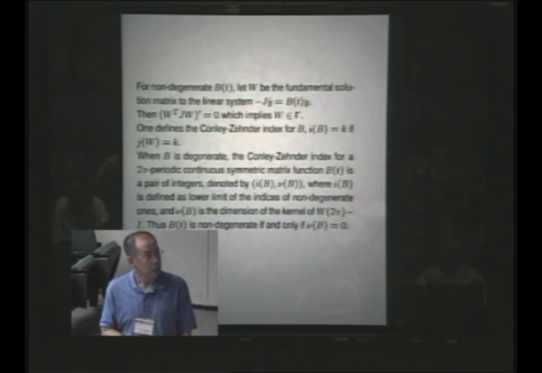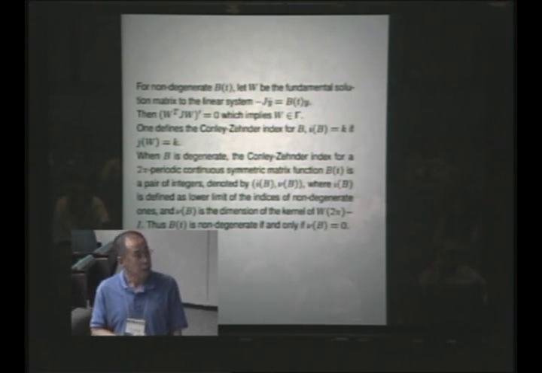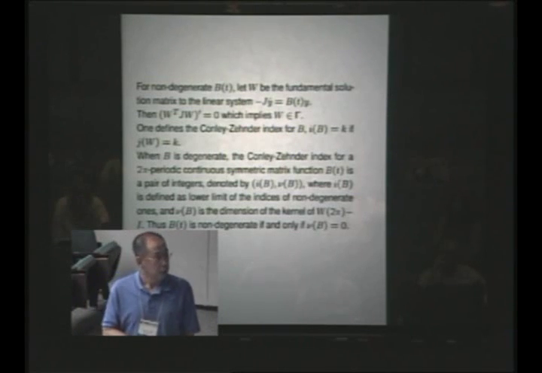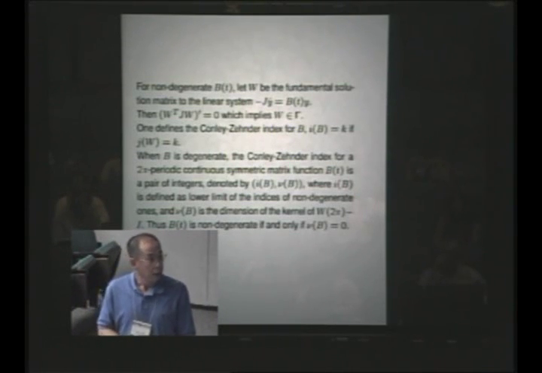And then we define the index for this B to be the integer that is associated to this W in that Gamma. So this W is given in the connected component in that Gamma, and then the index will be the same integer there. For the degenerate matrix B, you can extend the notion.